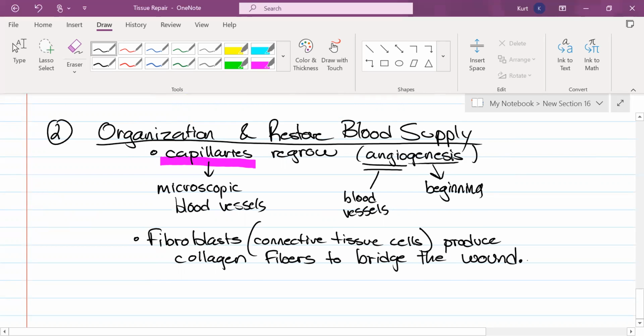When I think of Spider-Man trying to hold the two sides of that ferry together, that boat, Spider-Man is like a fibroblast, and his webs are like the collagen, trying to hold it all together and bring it together.